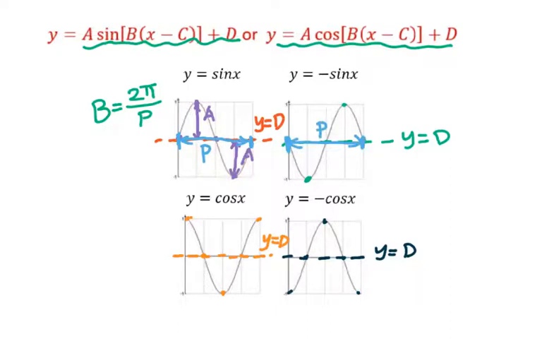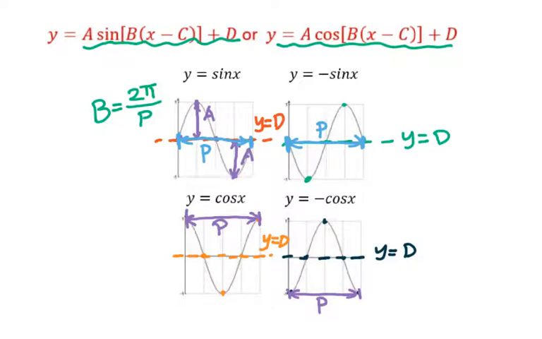Or you can figure out the period by finding the nearest maximum values, like these two. That's the period. Or you can find the minimum values. The distance will be the period. So after you figure out the period, you will find B. B equals 2 pi over P.